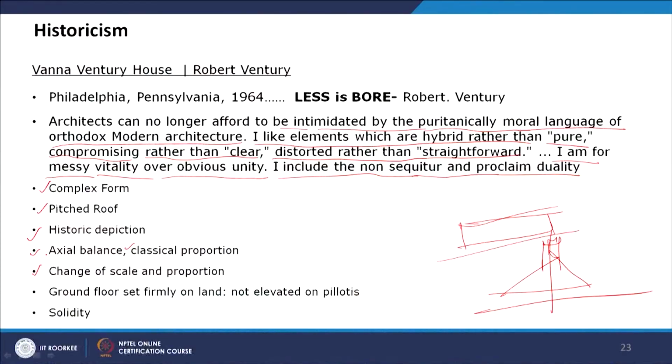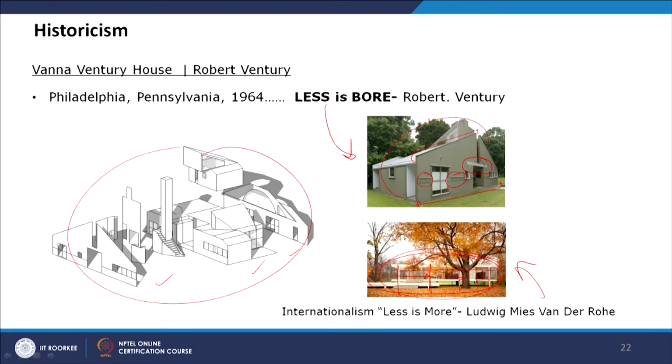That's how he's translating what is there in history into a contemporary approach, transforming the scale and proportion. The ground floor is set firmly on the land, not elevated on pilotis, which was again the style of the internationalist movement. But also there is no elevated platform, which was there in classical architecture.